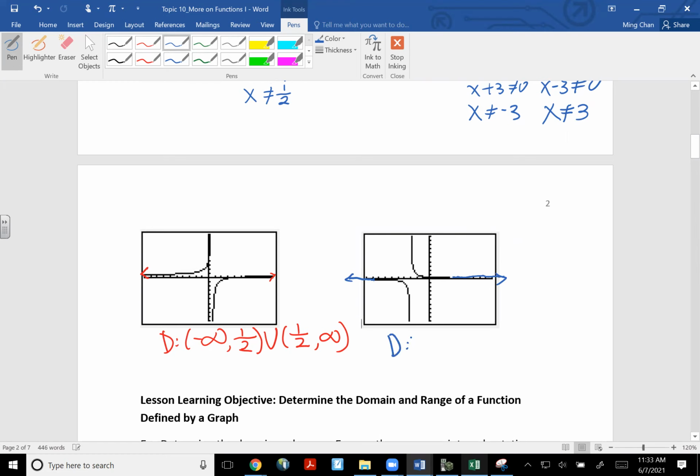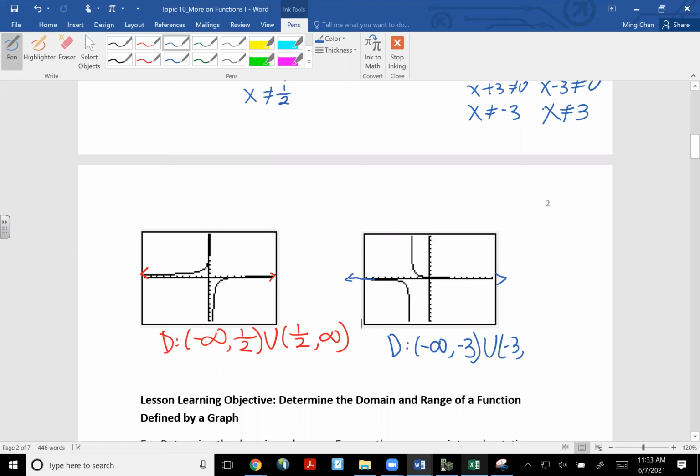So the domain is from -infinity all the way to -3. Right, -3 has got to be the first value that I will reach, but I cannot get there. I cannot be -3. All right, and then union, my graph will pick up on the other side of x equal to -3. Keep on going to the right, right?